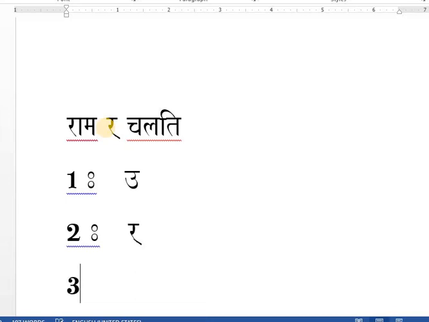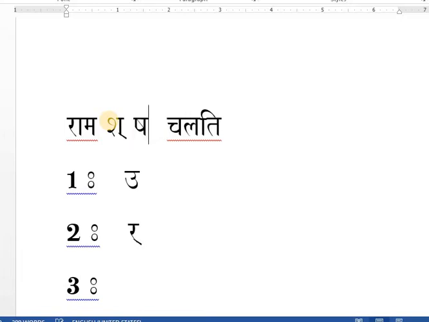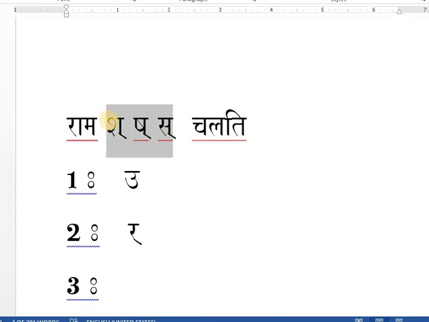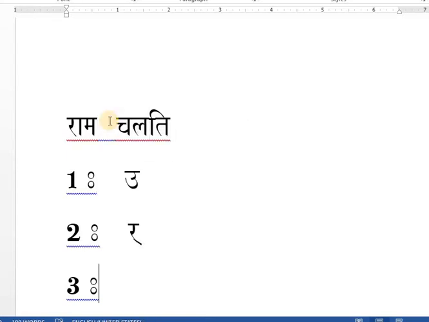Number three, this visarga can be converted to three types of sa: palatal sa, cerebral sa, or dental sa. Any of these three sa will take place in place of visarga. So here I am writing this as result number 3.